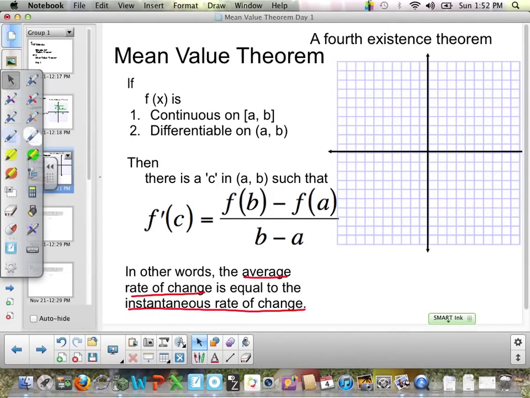All right? So if we have an interval, pick any 2 points, it must be continuous and differentiable between there. All right? So we got our function. Oops. Let's draw it as a function. Right there. There's our function. It is continuous.